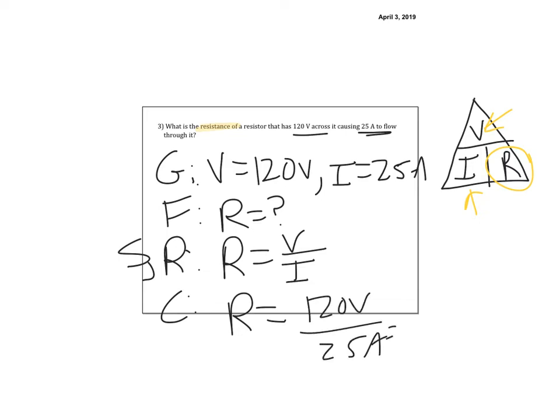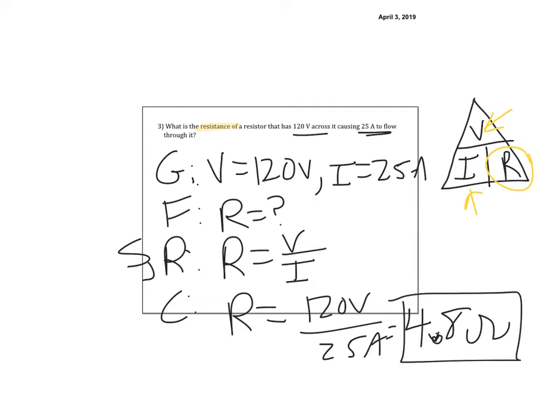This one's not so easy, so let's pull out the calculator. 120 divided by 25 is 4.8. Then we figure out the units: volts over amps is an ohm. So 4.8 ohms.